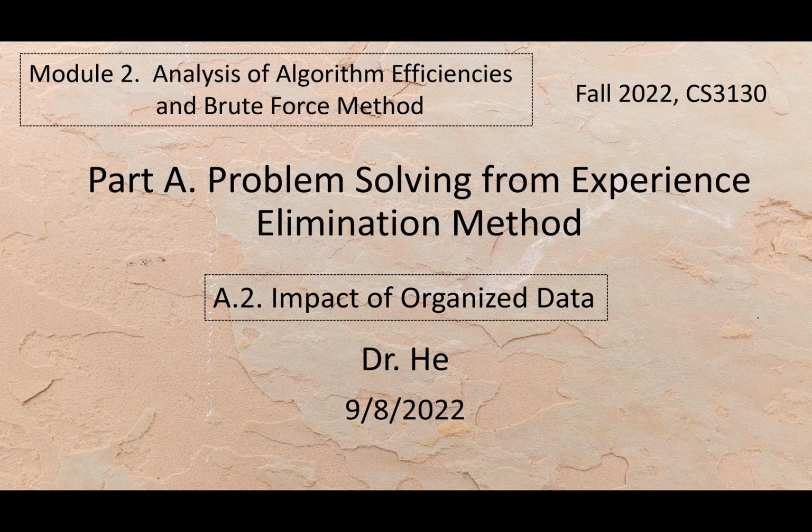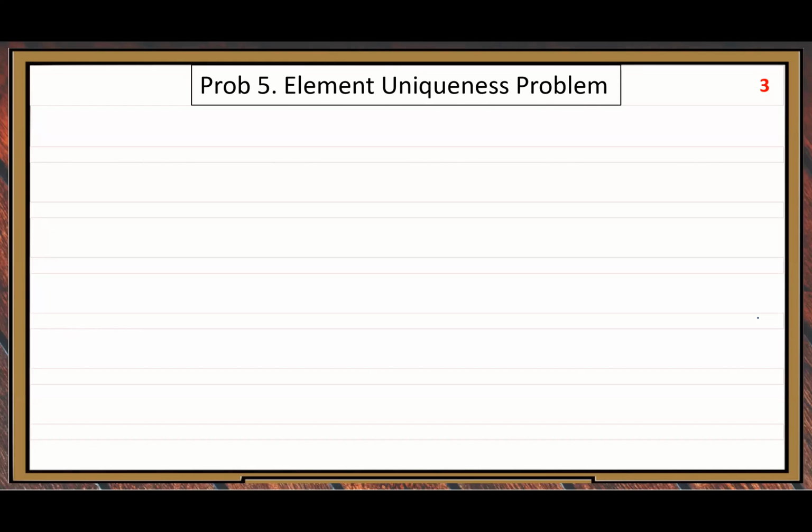Let's look at the question first. Problem number 5, the element uniqueness problem. From the title, you can guess the content of this problem. Uniqueness is related to duplicates, right?